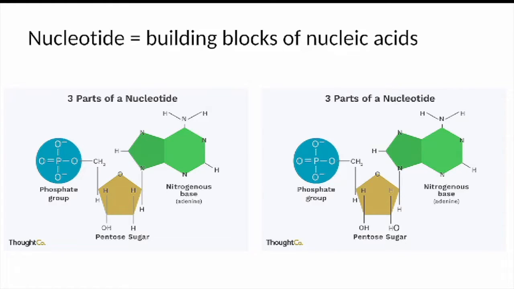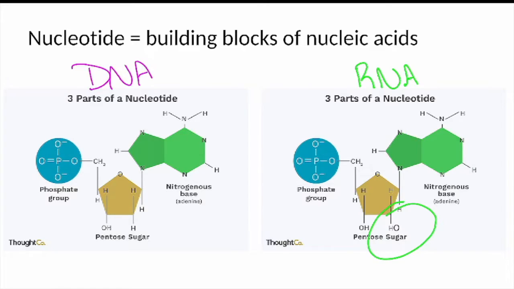Okay, hopefully you remembered and identified that over here we have that oxygen in addition to the hydrogen, so this is a hydroxyl group, and if we have that additional oxygen in comparison to the other nucleic acid, then this is RNA, whereas this one's DNA because it is a deoxyribonucleic acid.